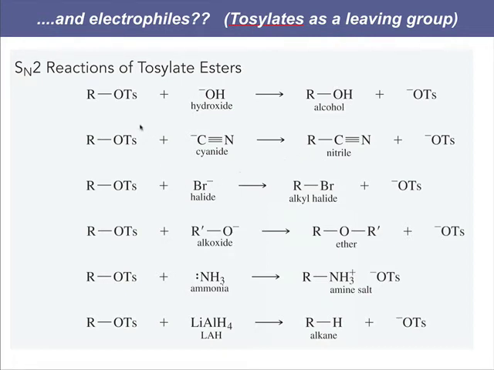The tosylate is kind of a tunnel, kind of a bridge from an alcohol to an alcohol, or to a nitrile, or to an alkyl halide, or to an ether, or to an amine, or to an alkane. These are very useful transformations. Now, notice that a nucleophile as weak as a bromide could displace a tosylate. That shows you how good of a leaving group tosylate is, how stable that triply resonance-stabilized oxygen is.